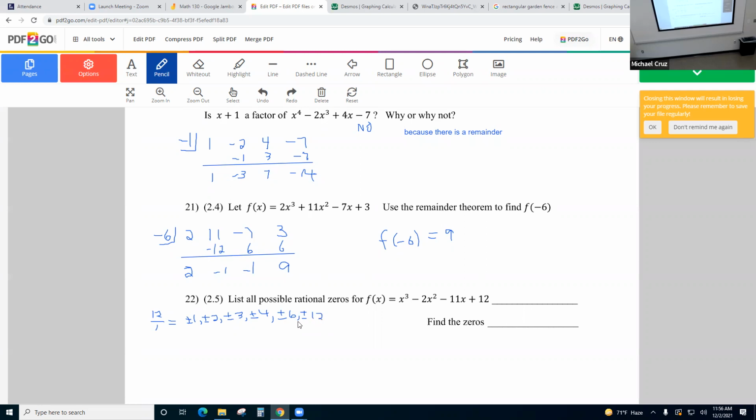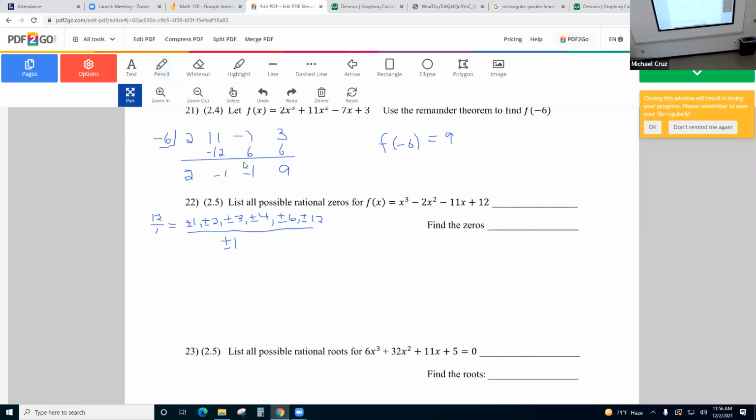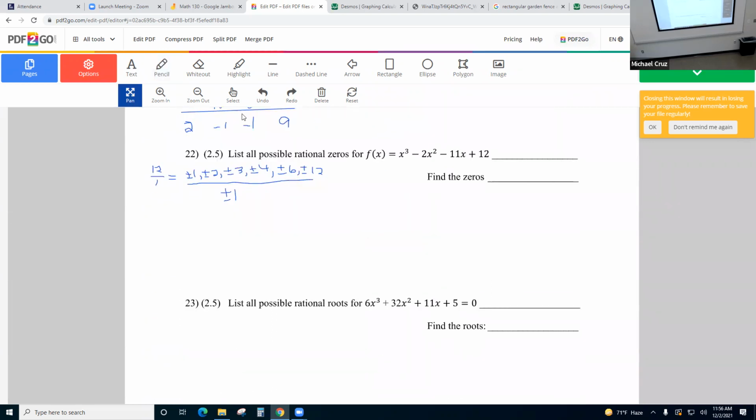And since these are all over 1, that's all there are. All right, so then zeros are functionally any one of these, so we just go through and do them. And these two things mean the same thing. It says find the roots, find the zeros. That means the same thing, okay?